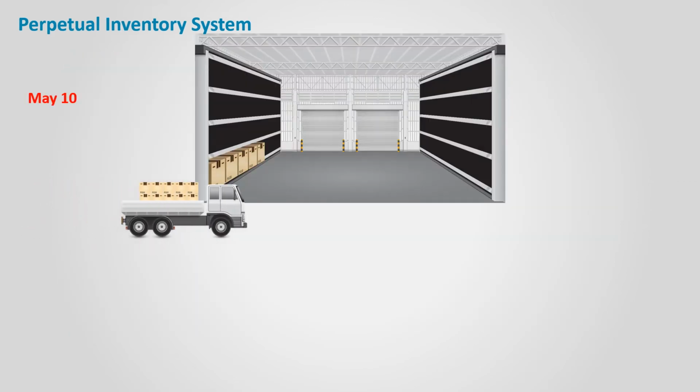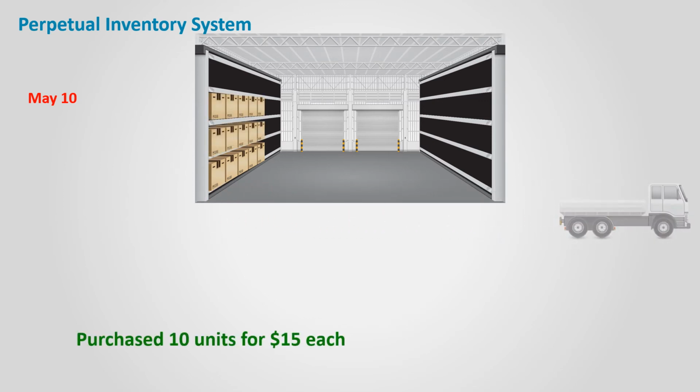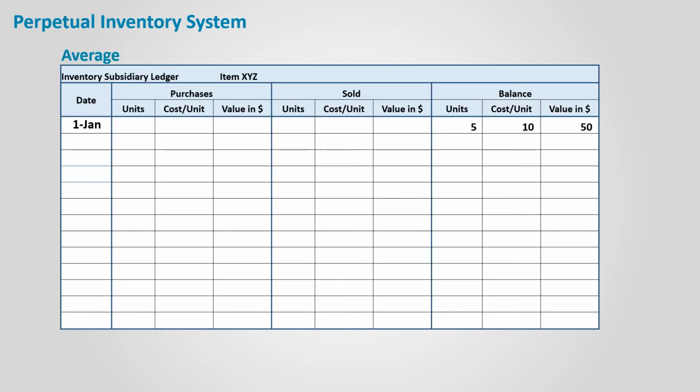On May 10th, there is a purchase of 10 units for $15 each. Such information is recorded under the Purchases section as follows. The total value is $150. This is the multiplication of the number of units by the unit cost. Now, the balance is composed of 15 units, the 5 units from the beginning inventory, and the newly purchased 10 units.